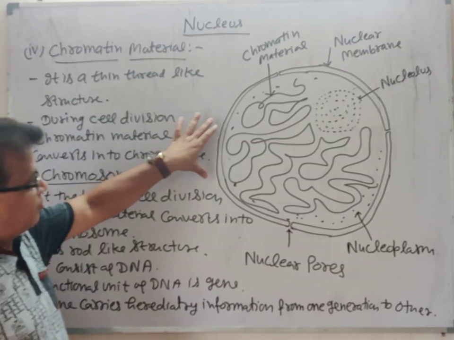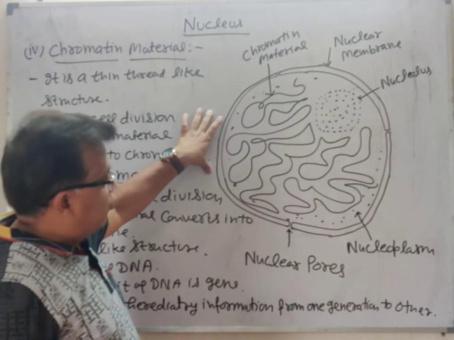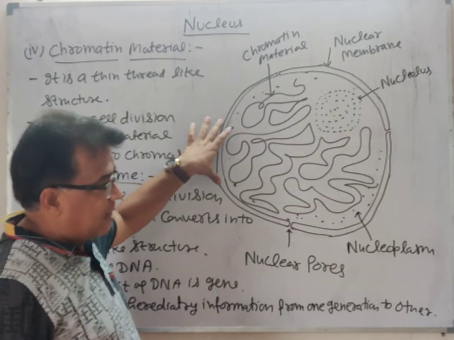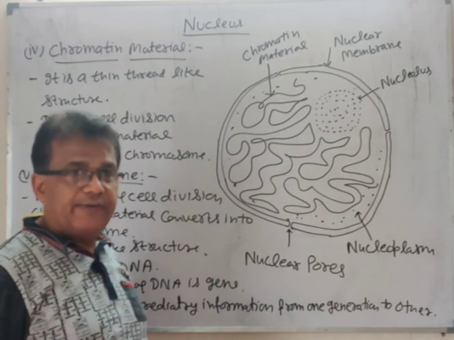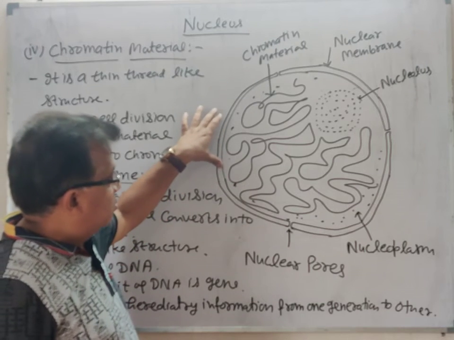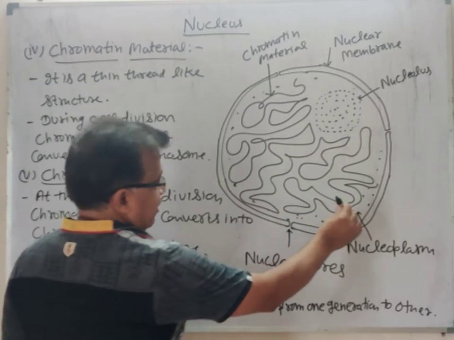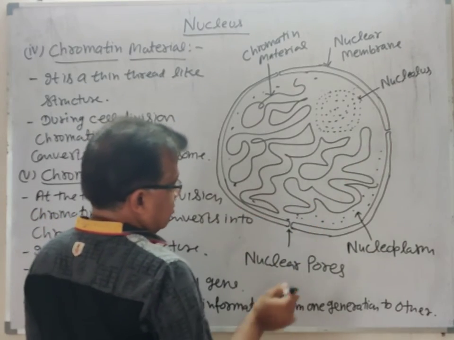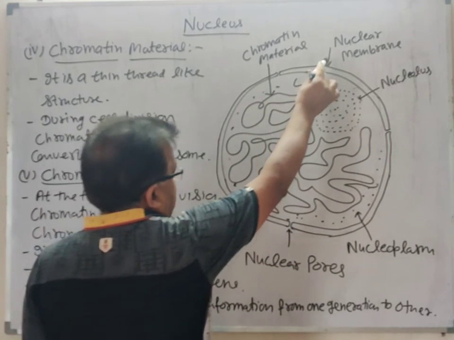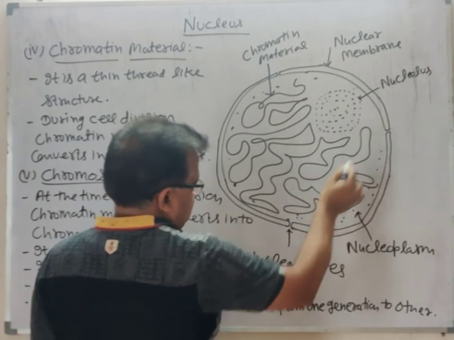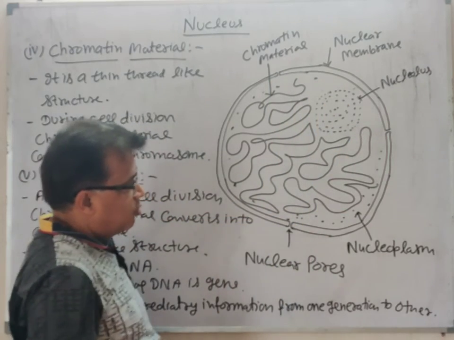So this is the structure of nucleus, which is generally present in the center of the cell, which controls all the activities of the cell, which is round or oval. It contains double layered membrane known as nuclear membrane. Pores are present in the membrane known as nuclear pores.